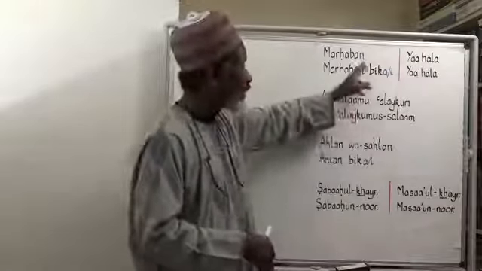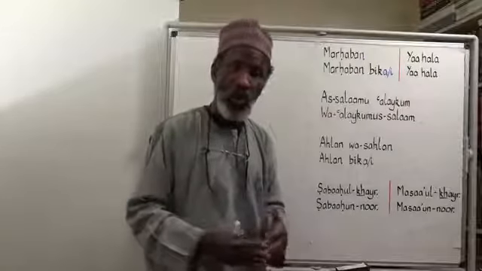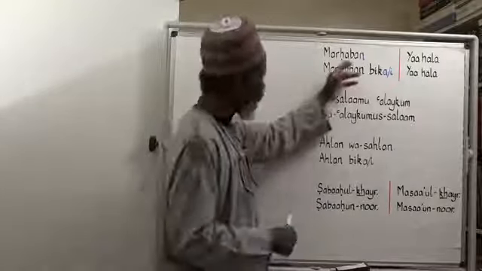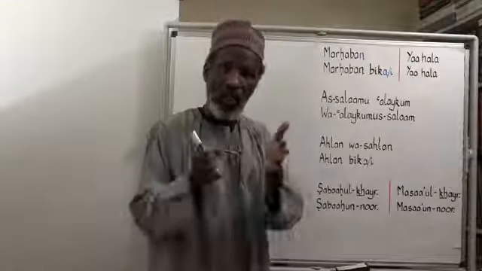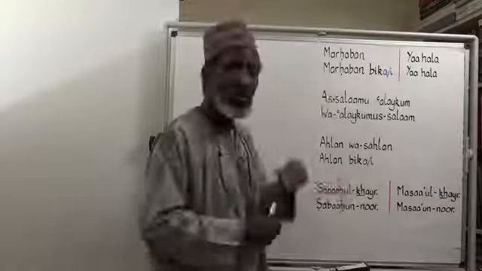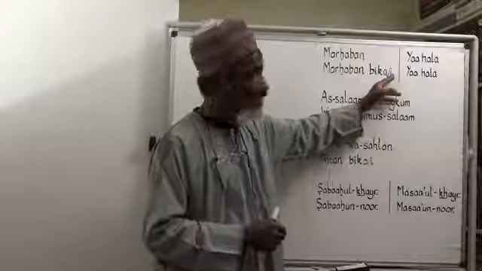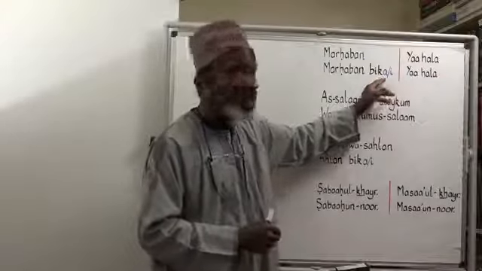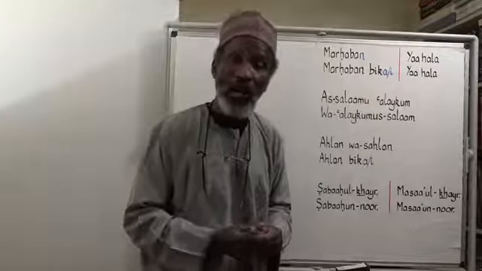So marhaban, marhaban bika, that's when you are speaking to a man. Marhaban bika, welcome to you. If you are speaking to a female, you say marhaban biki. It will be a ki ending. Ka is the male. Marhaban, marhaban bika, marhaban biki.